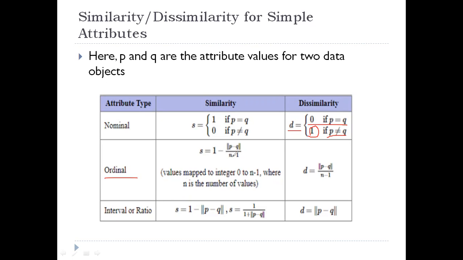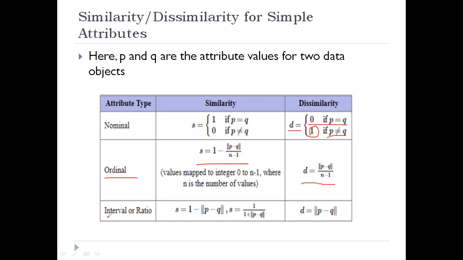The similarity for the ordinal attributes is S equal to 1 minus norm of P minus Q by N minus 1. That is the similarity. And the dissimilarity, D equal to norm of P minus Q by N minus 1.